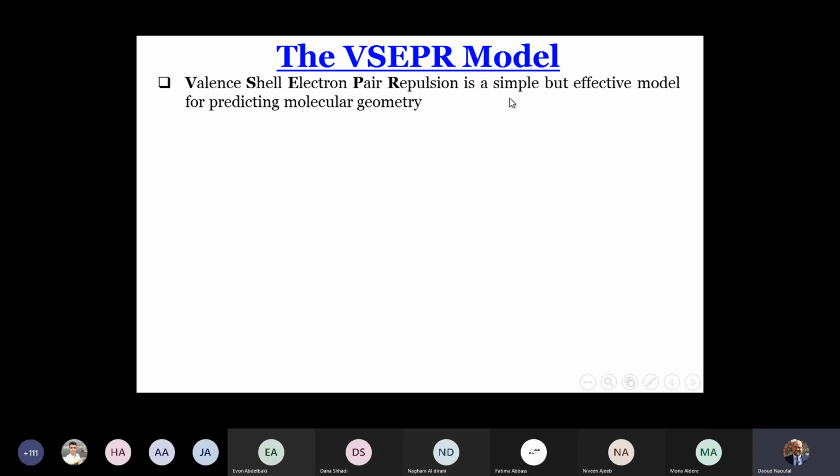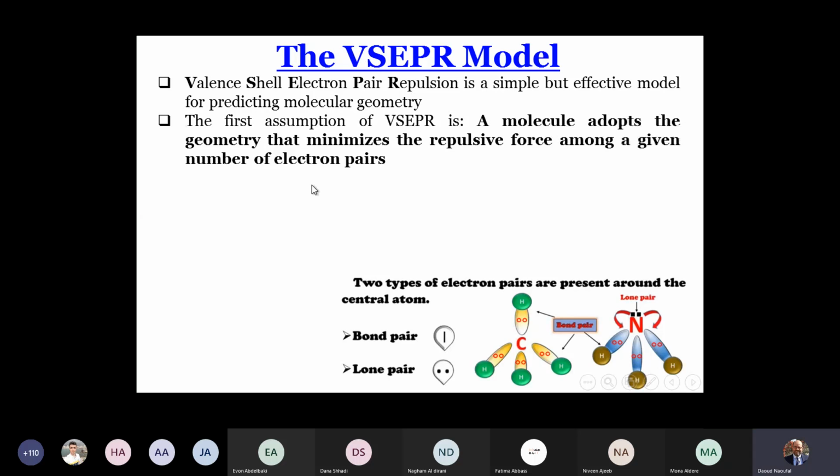This is a simple and effective model for predicting the molecular geometry. The first assumption of VSEPR, and this is the abbreviation of the model, but the person who discovered this method is called Gillespie.